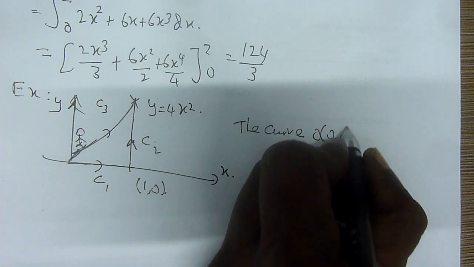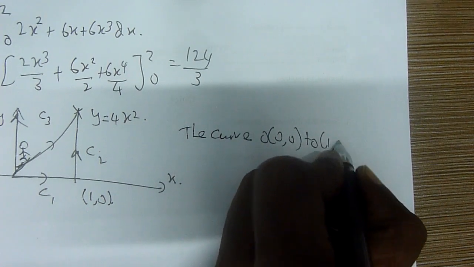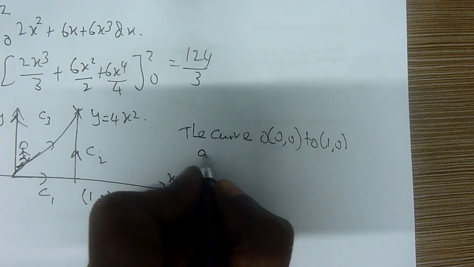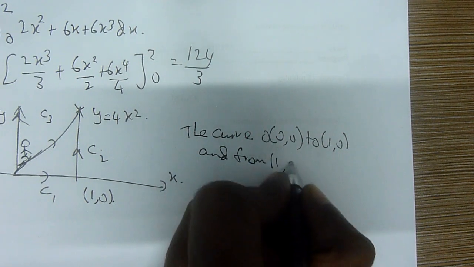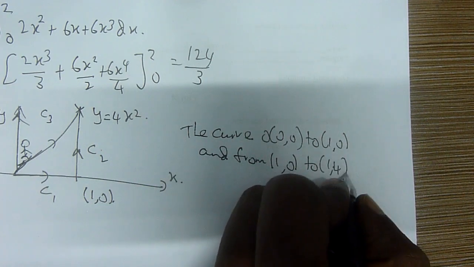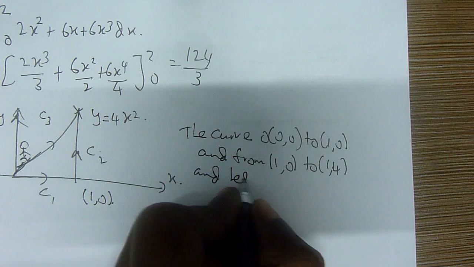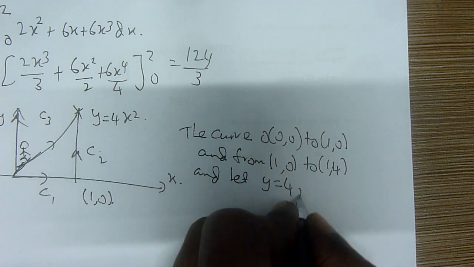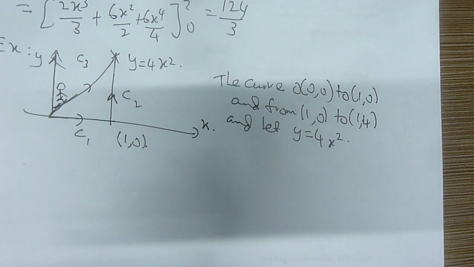0 0 0 from the origin, it moved to 1 0, and from 1 0 to 1 4, and let y be 4x2. Okay, what is the force?